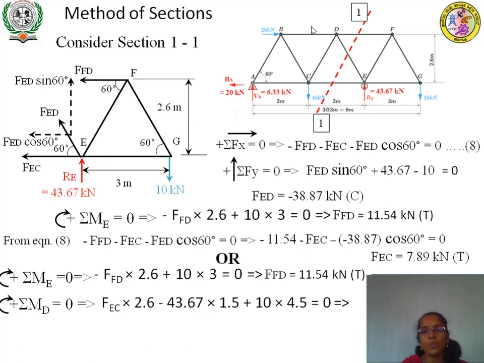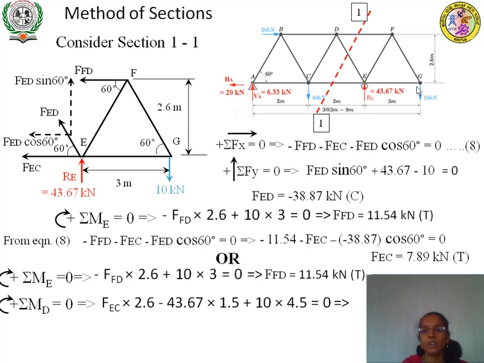It is inducing again clockwise moment about D, therefore positive. Then this reaction 43.67 is inducing anti-clockwise moment about D, 43.67 into this perpendicular distance. Since it is an equilateral triangle, if this is 3 meter, it will be midway, so that will be 1.5 meter. 43.67 into 1.5.